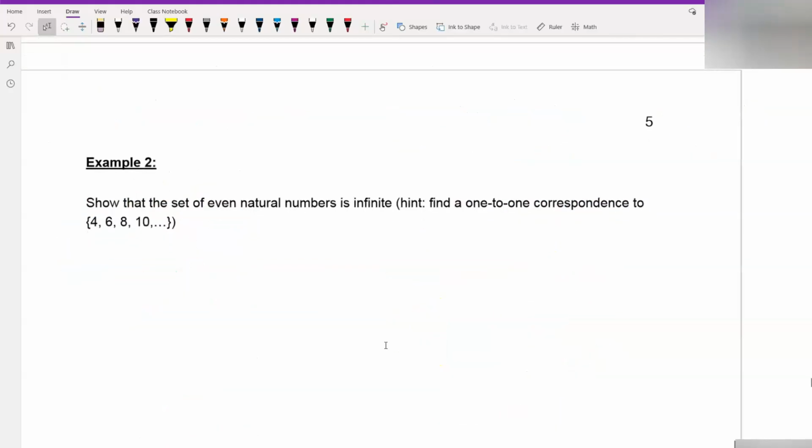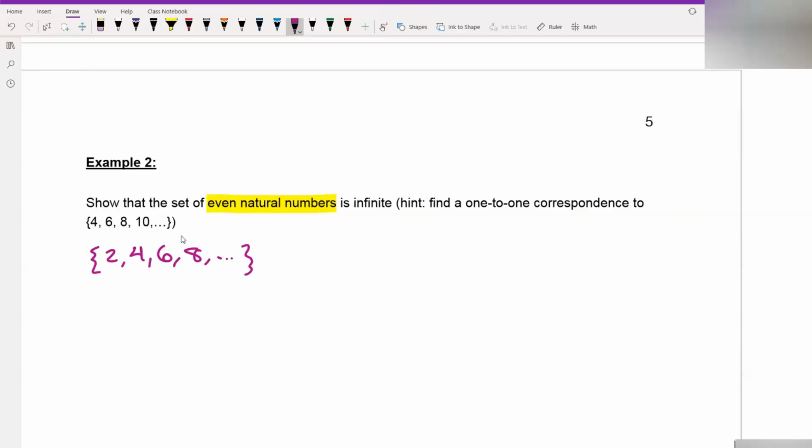Now show that the set of even natural numbers is infinite. Here is the hint: find a one-to-one correspondence to 4, 6, 8, 10. It's exactly the same with even natural numbers. Since we have even numbers here, we have 2, 4, 6, 8.